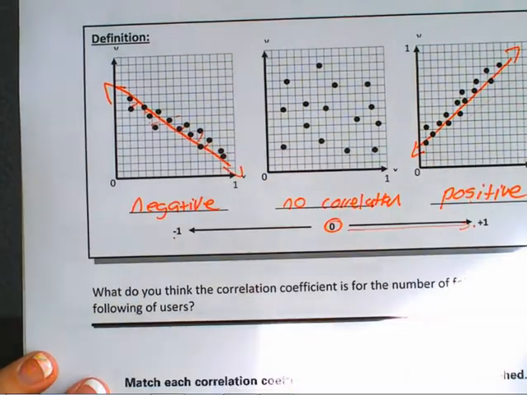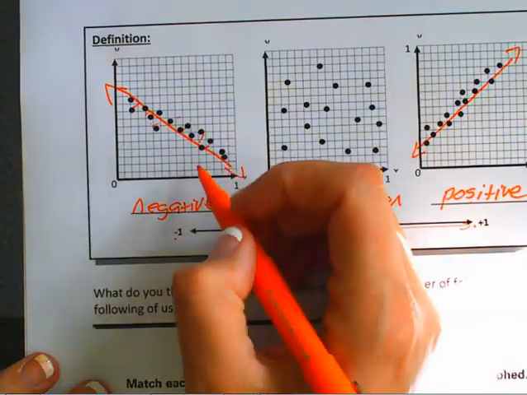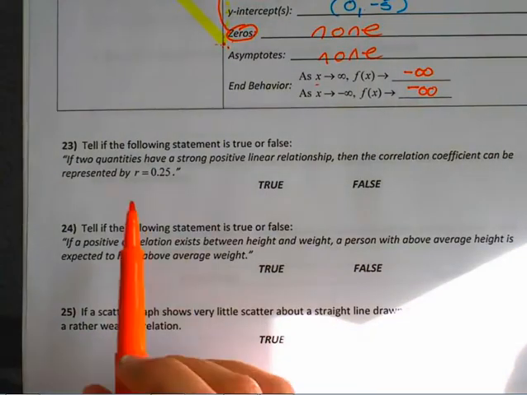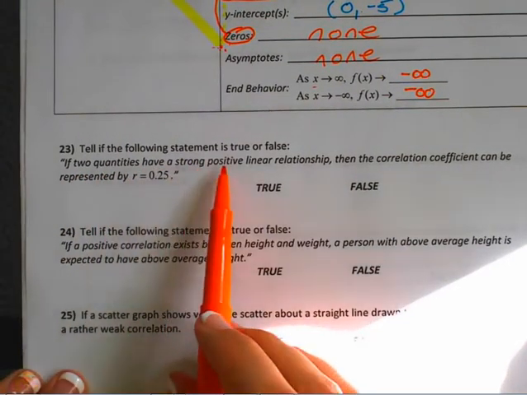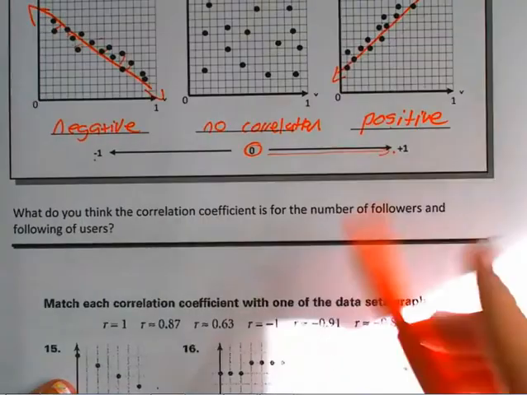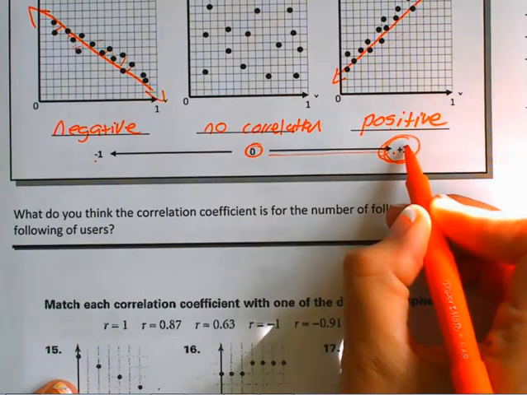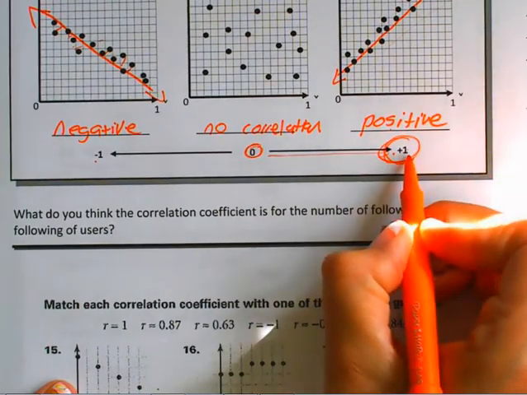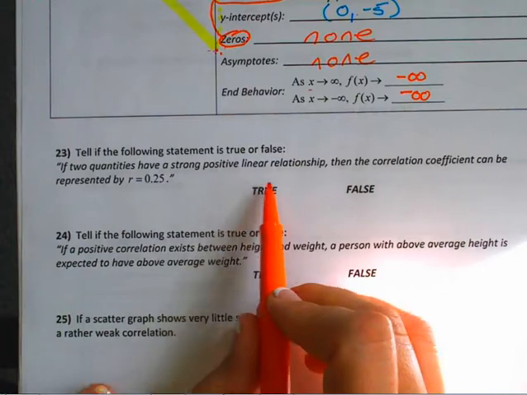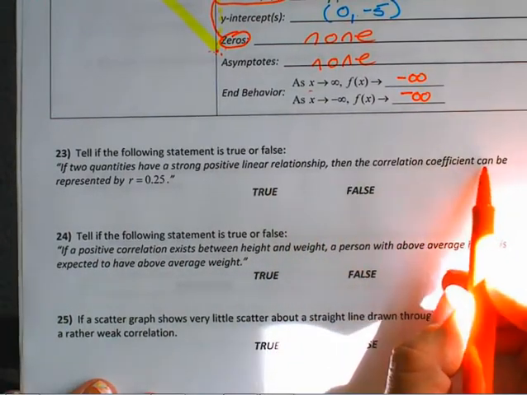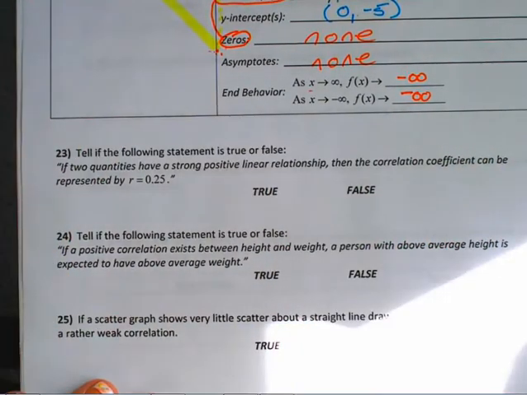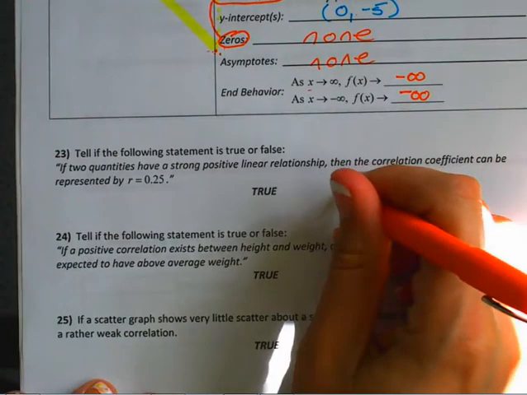That's really all you need to know for this class. So let's look at the question again. It says if two quantities have a strong positive linear relationship, positive and strong, so the closer I get to +1, then the correlation coefficient can be represented as 0.25. I'm going to say that's false.